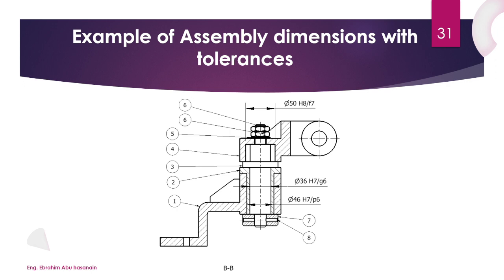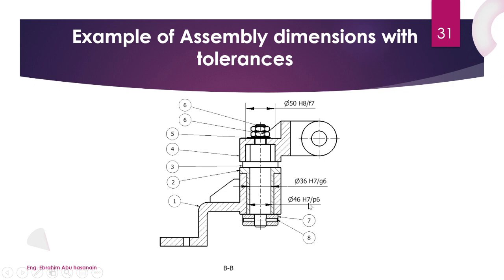Example of assembly dimension with tolerance. And here is a real example from our drawing. As we can see, at the diameter of 50, we have H7/f7, H8/f7, with the shaft and the head. Here with bushings and shaft, we have 36 H7/g6. It's a clearance, a reference fit here. I don't want my bush to move inside the base.